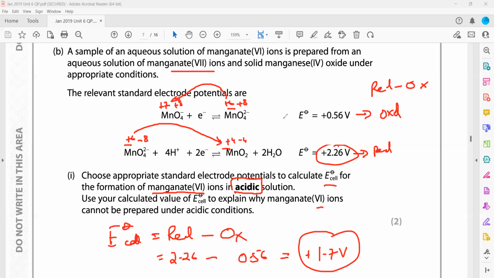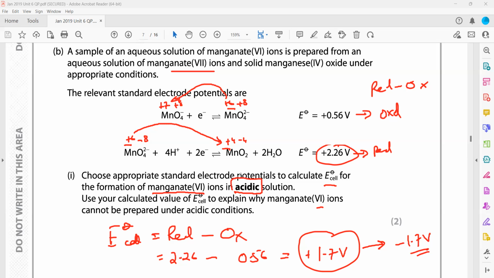So if this reaction happens, Mn +6 will not form. We can also say the electrode potential for formation will be minus 1.7 volts.